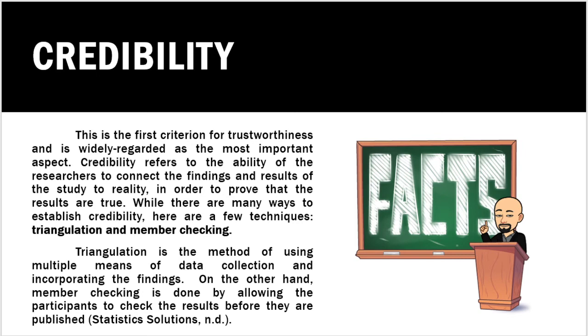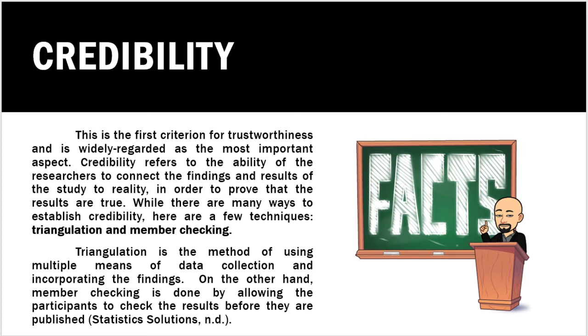In order to do that, we have to come up with certain techniques. And just two of the most common techniques would be triangulation and member checking. Triangulation is the method of using multiple means of data collection, which means that aside from your initial way of acquiring data, such as an interview, you also employ other means of collecting data.